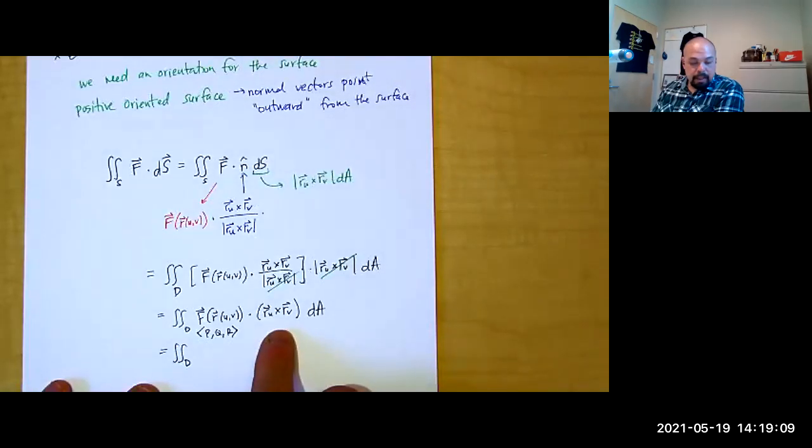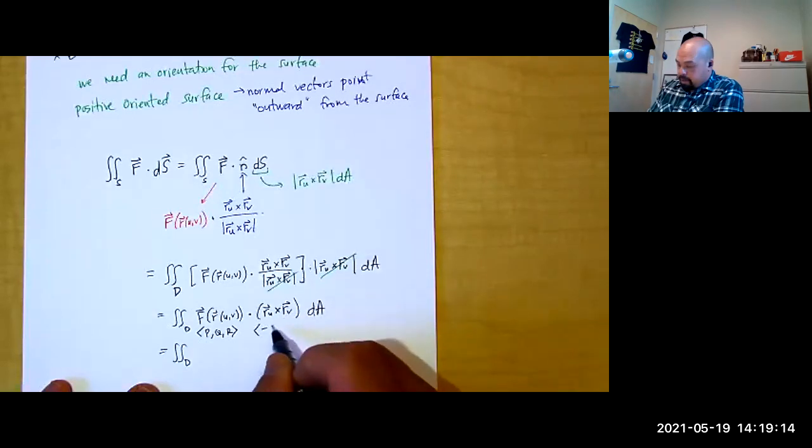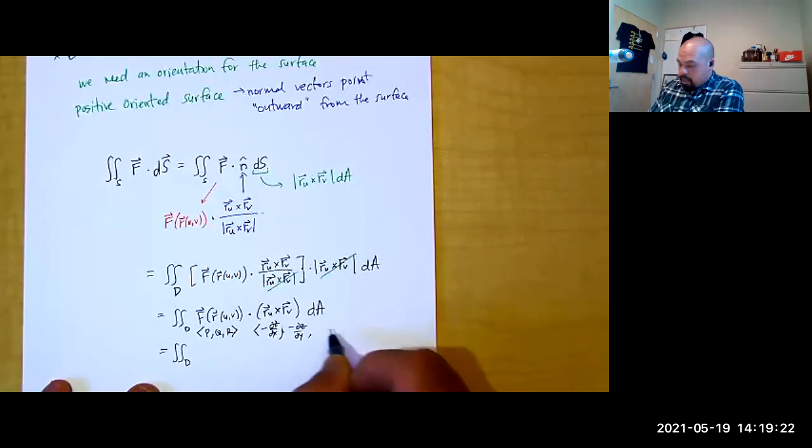This cross product we had worked on yesterday, negative dz dx, negative dz dy, and then this is just 1.